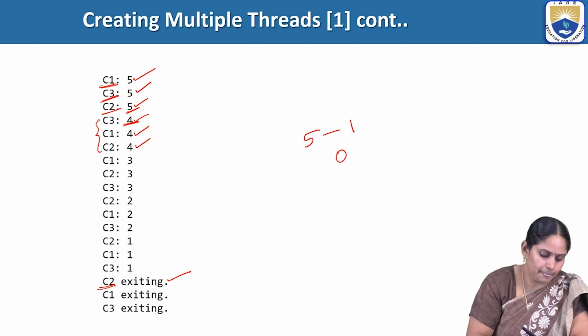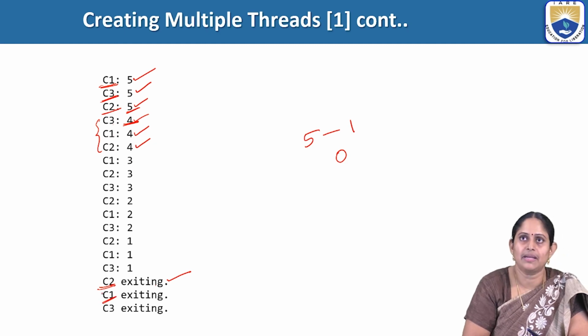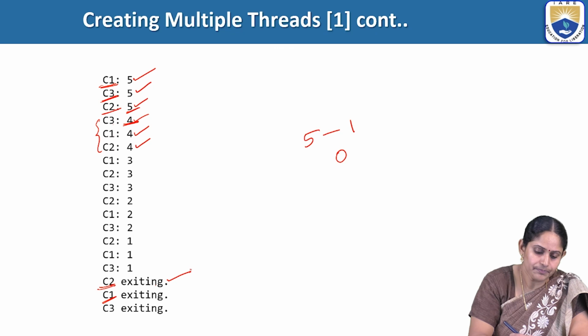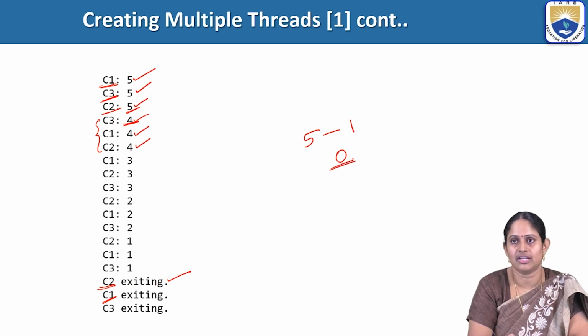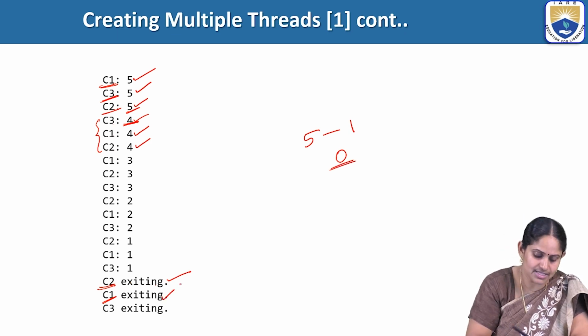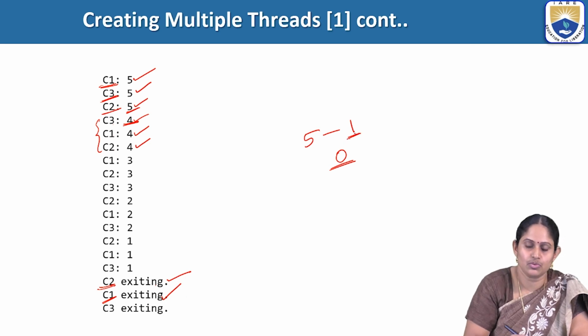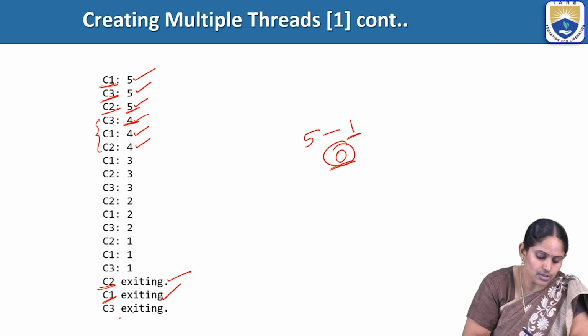Then the next one to complete was C1. When the I value reached 0, C1 completed the for loop and exited, and similarly when C3's I value reached 0, it also exited.